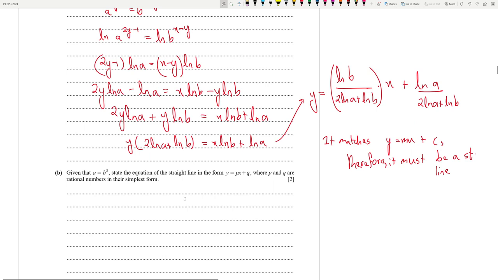Given that a is equal to b cube, state the equation of the straight line in the form y is equal to px plus q. So a is equal to b cube. So why don't we write this? Actually, let's solve this part. I think it should be easier. a is equal to b cube.